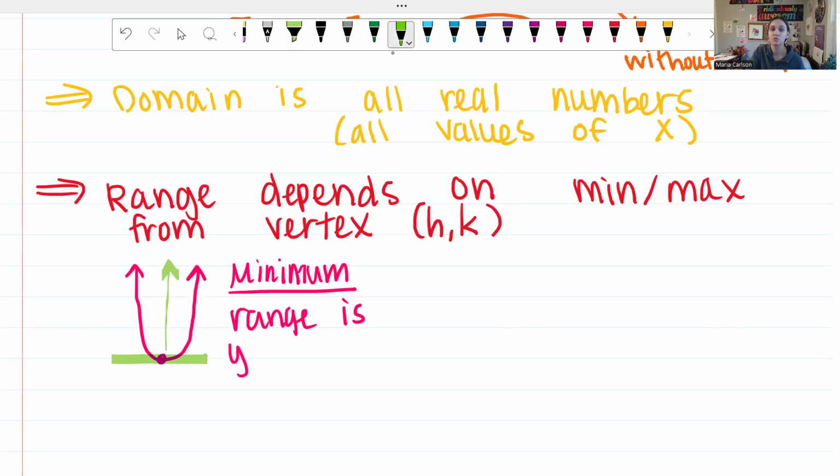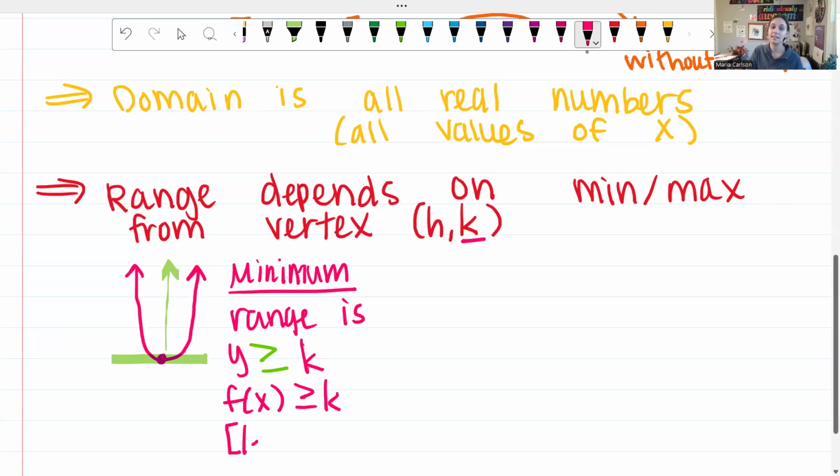So y is greater than or equal to whatever this value of k is in your vertex, because k is your minimum or your maximum value. So this means that f of x is greater than or equal to k. Or I could even say that our range begins at k and is equal to it, and then it has every value after that to infinity. So that's if we have a minimum.